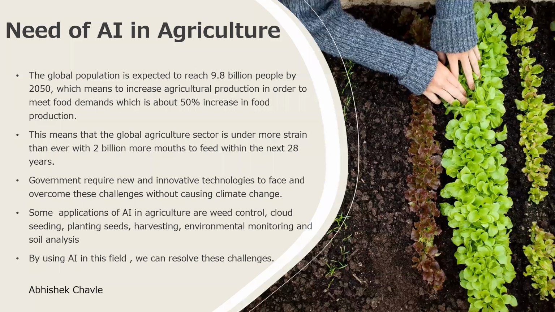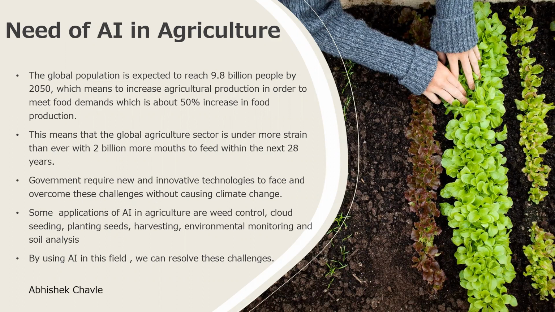Okay. So what is the need of AI in agriculture? In the next 20 to 30 years, the global population will reach 9.8 billion people, who will need 1.5 times the food we have now.